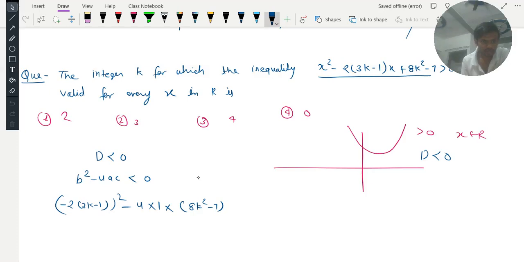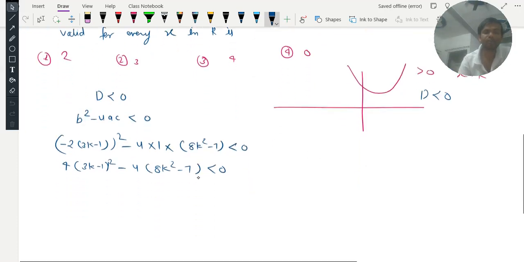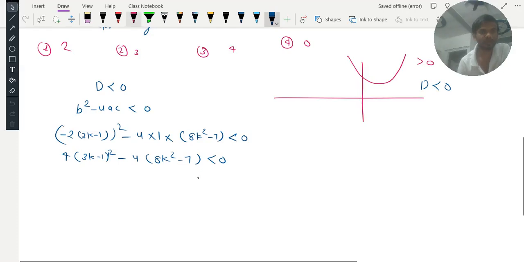So this will become 4(3k minus 1) to the power 2 minus 4, less than 0, or this is 8k square minus 7 less than 0. So I have divided by 4 in the whole inequality.